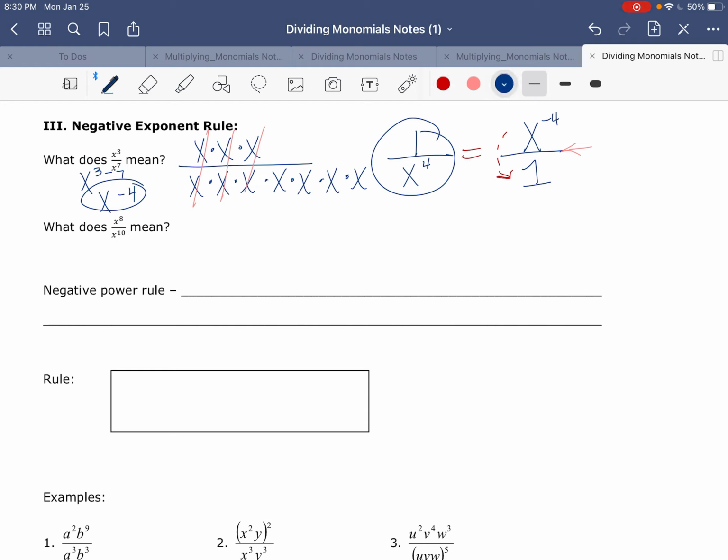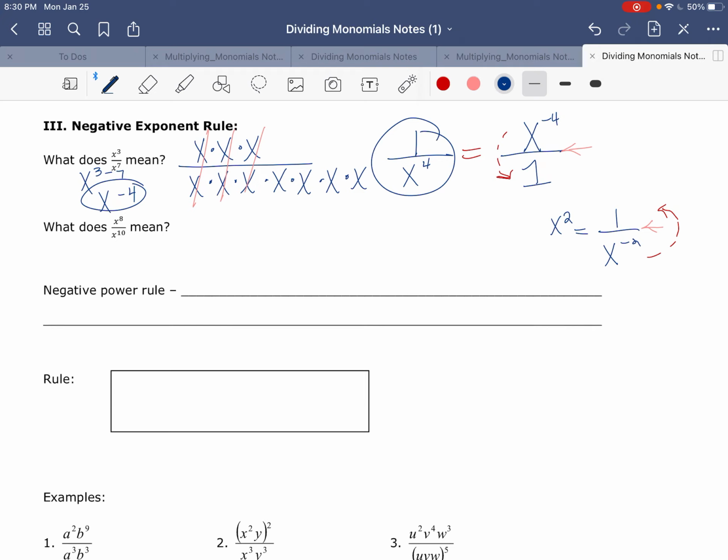And vice versa. If you have, for example, 1 over x to the negative 2, now we have our negative exponent in the denominator. But if I drag it across my magic eraser of my fraction bar to the top, you get a positive x squared in the numerator, and they're actually the same thing.